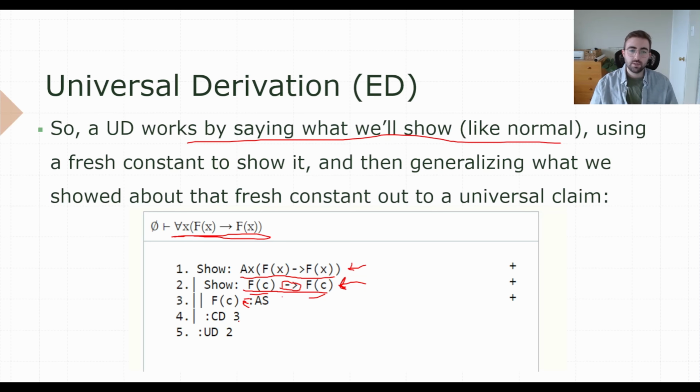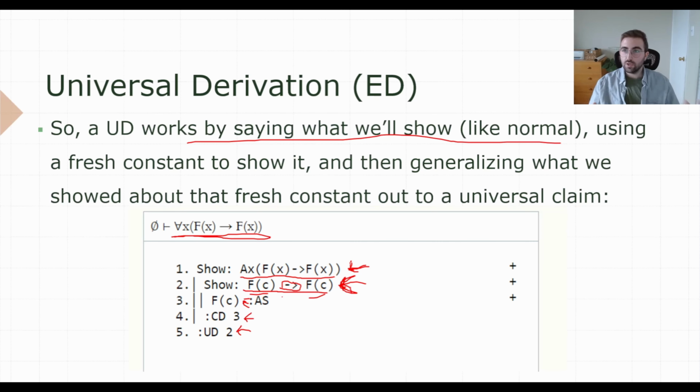It's the same line. So you close your conditional derivation, and now you've shown for some random fresh constant c that if it's f, then it's f. So then you can close your universal derivation using what you proved about the fresh constant, on line 2. And that gets you finally this thing you were trying to show at the beginning.